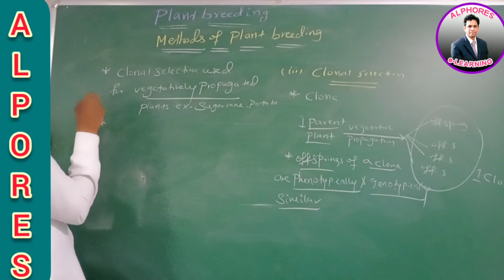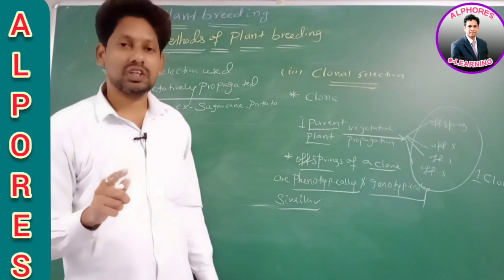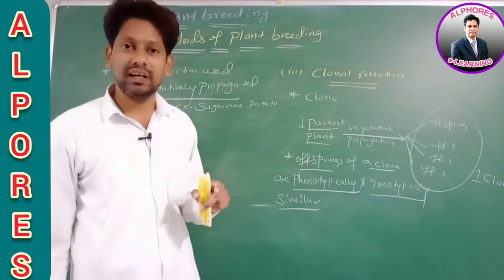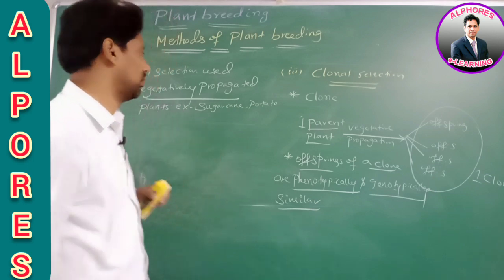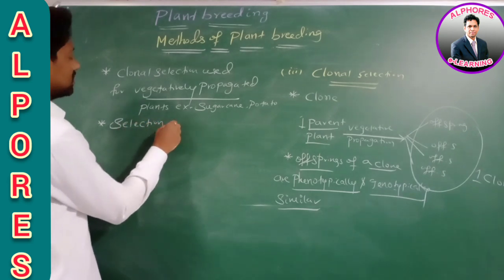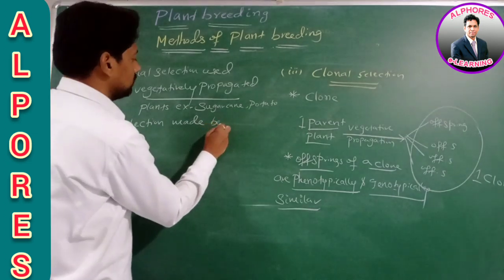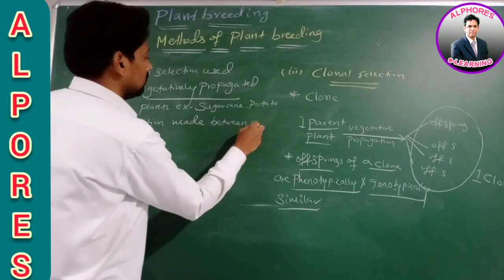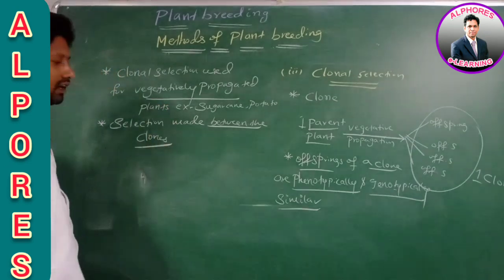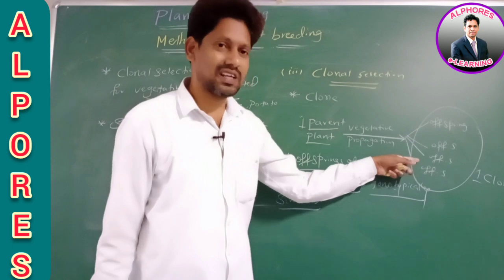In clonal selection, is selection made between the clones or within the clone? Selection should be made between the clones but not within the clone.